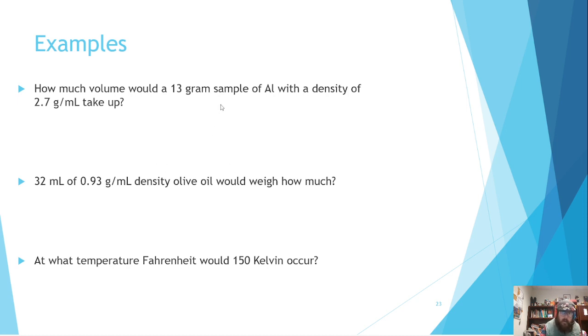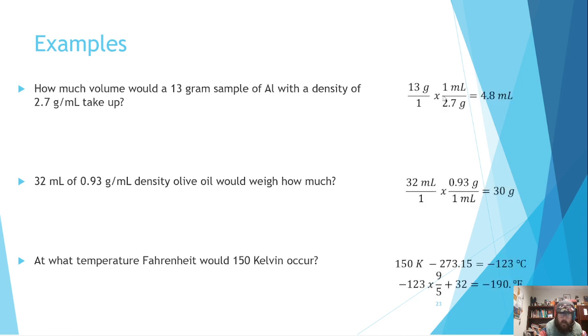So 13 grams of aluminum with a density of 2.7 grams per milliliter. How much volume would this take up? I have a mass, I have a density, and I am asking for a volume. So what do I have to do? I start with my 13 grams over 1, and I'm going to divide by 2.7 grams over 1 mL.